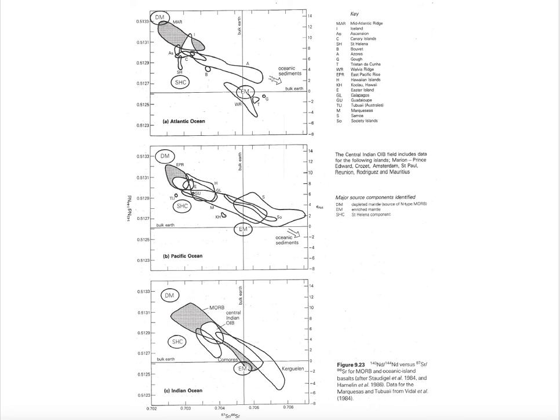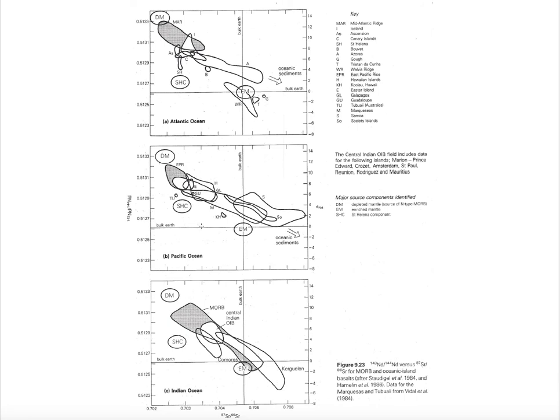So going now in this direction, then we are coming close to the isotopic composition of the oceanic sediments. And this is the distribution of all these components in the Atlantic Ocean.